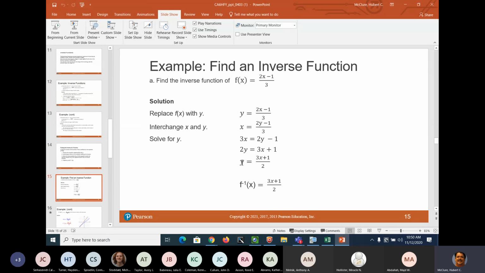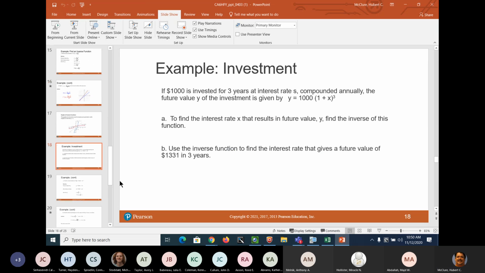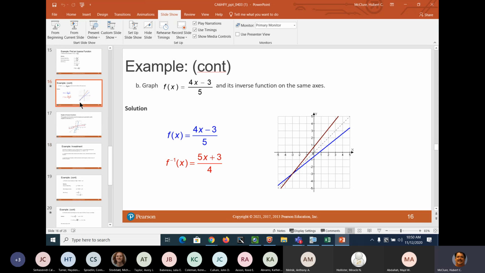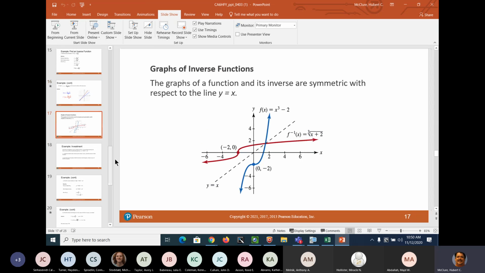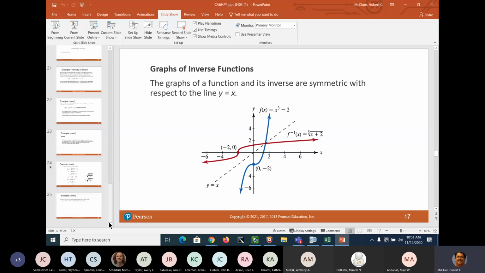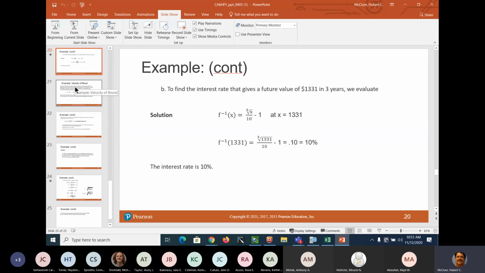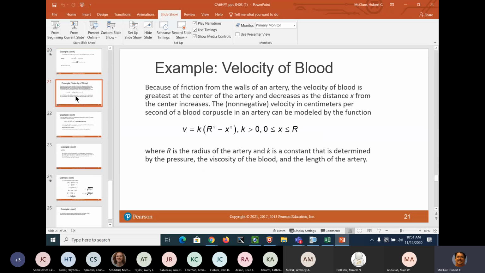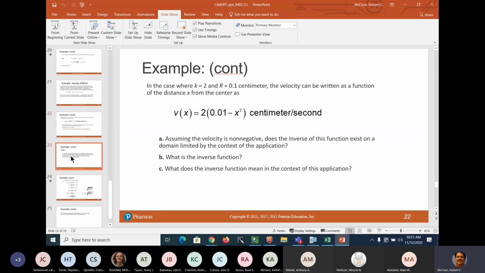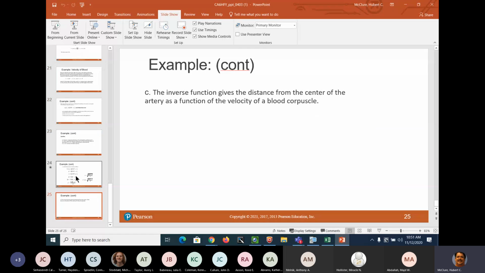Here they're telling you how to find an inverse function. I already showed you how to do that. There's one. That's pretty much it.